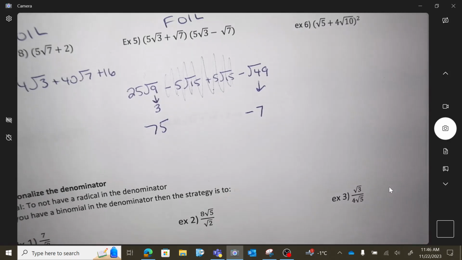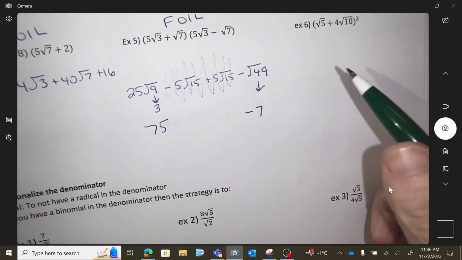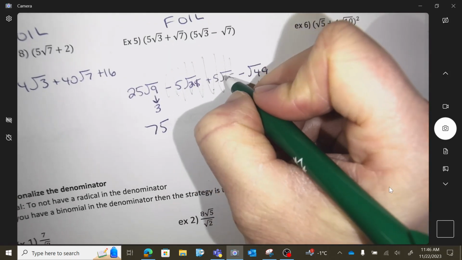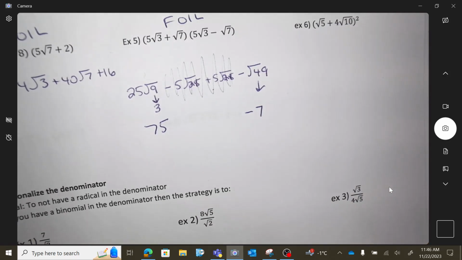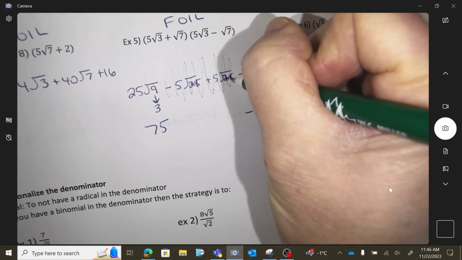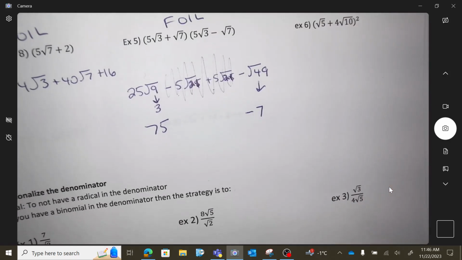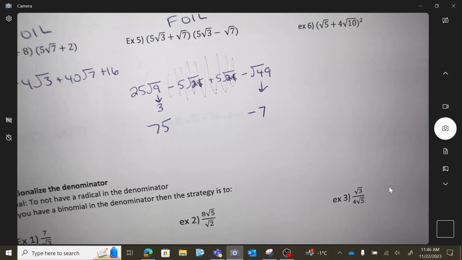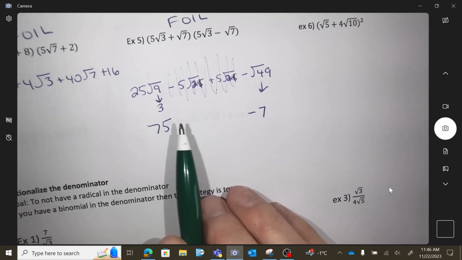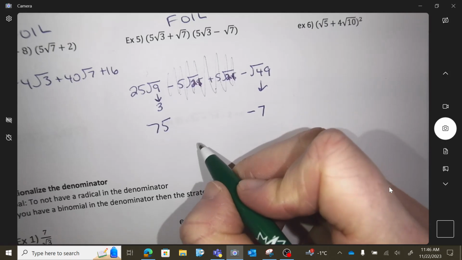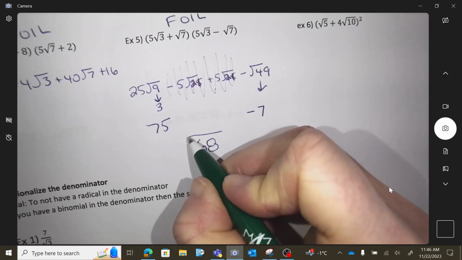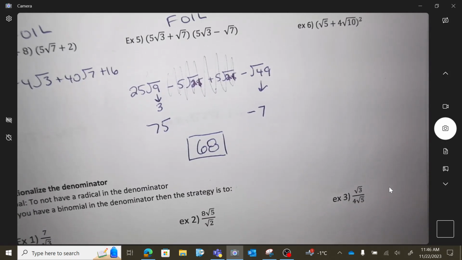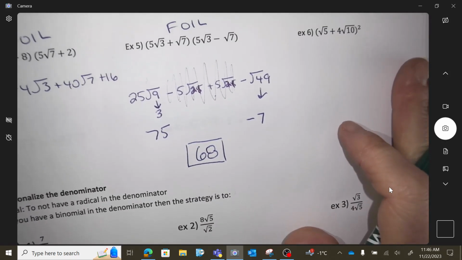What did I do? Oh, how did I get that? 21. Like that? Now I'm good? Thank you. I knew it was gone, so I wasn't paying attention. This is good, 75, 7. So that makes final answer 68.